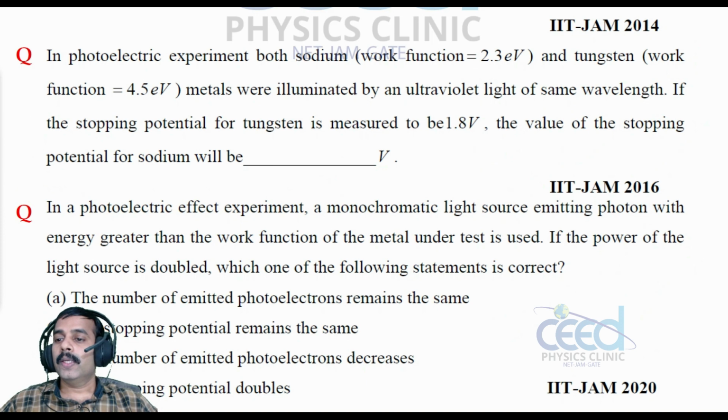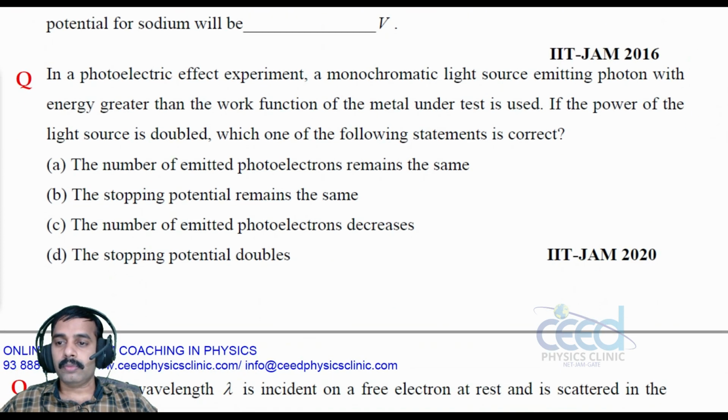Okay, now another question is, in a photoelectric effect experiment, a monochromatic source of light emitting photons with energy greater than the work function of the metal under test is used. If the power of the light source is doubled, which of the following statements is correct? So here the thing is, if you double the power, the intensity increases.